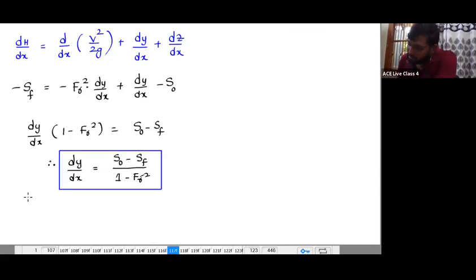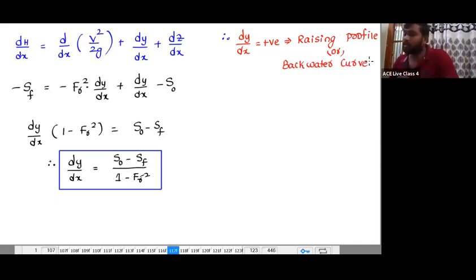So, based upon this dy by dx, if dy by dx is positive, then we call it a rising profile, which means the water surface is going to be rising, or we can call it a backwater curve.